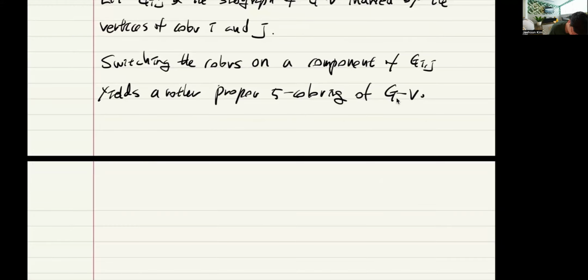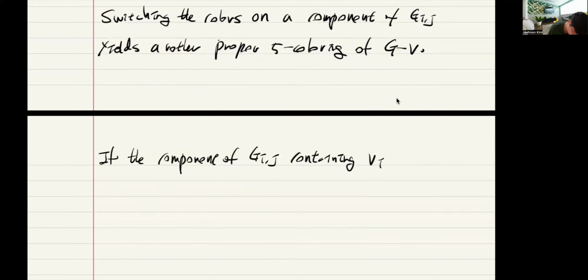So consider the component of Gij that contains vi.